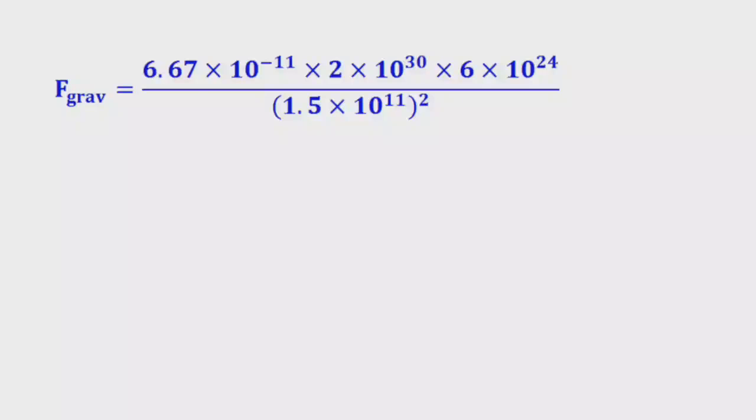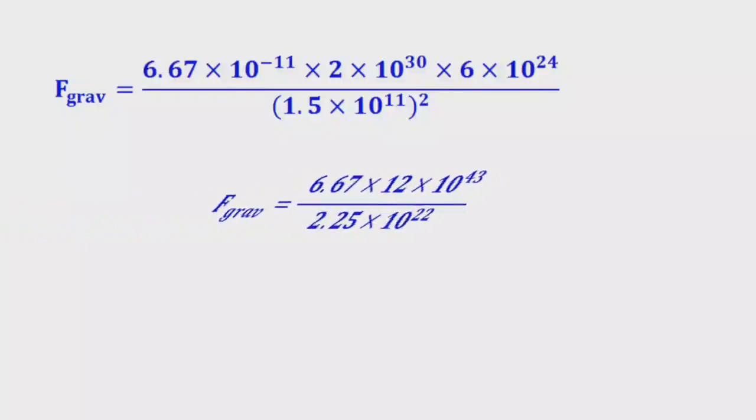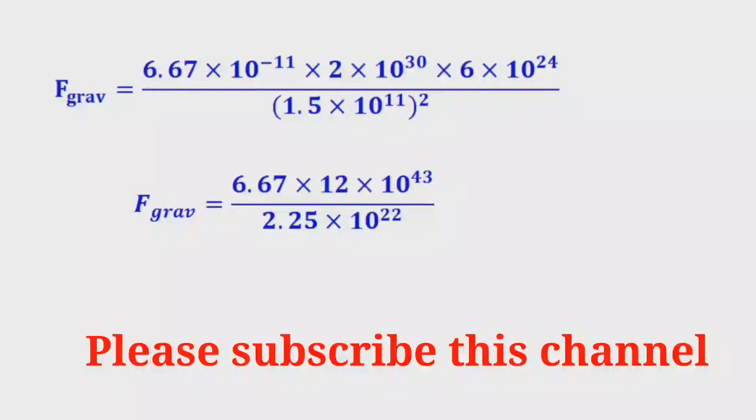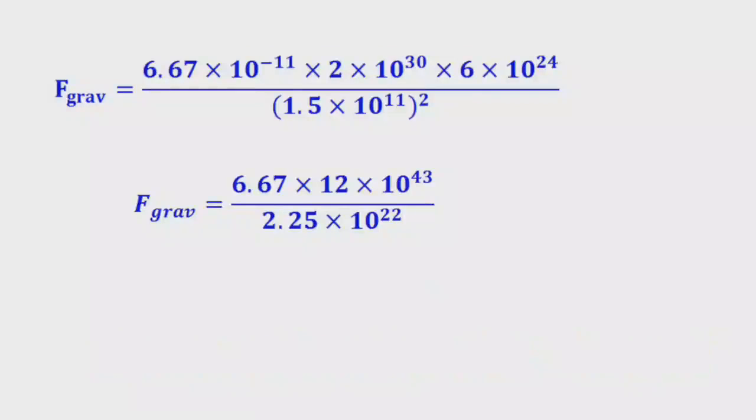So 6.67 into 2 into 6, where 2 into 6 is 12. Already we got 10 power 43. 1.5 whole square is equal to 2.25. 10 power 11 whole square is equal to 10 power 22.